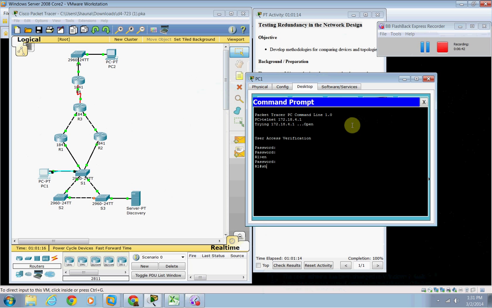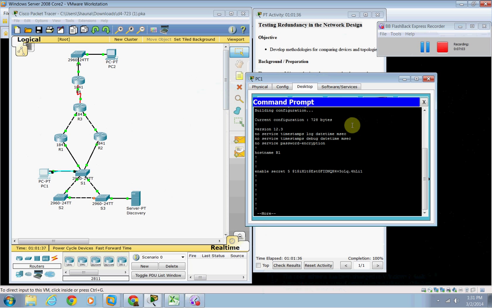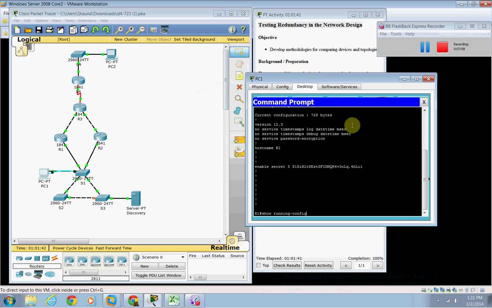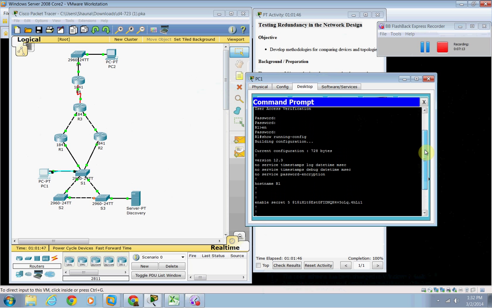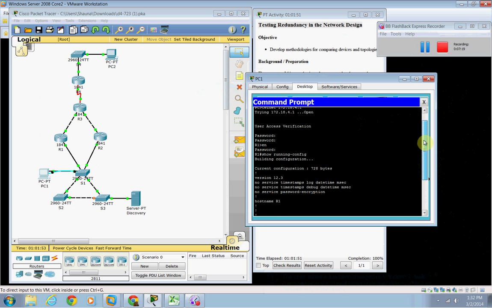Okay, we're going to do a show running config. Show running config. It's going to be one of those days. Okay, so this shows all of our configurations, the version we're using, and our host name is R1.